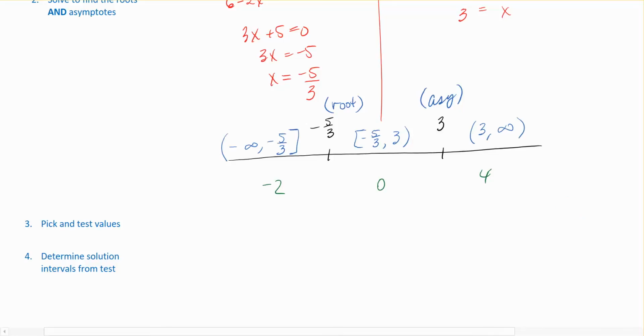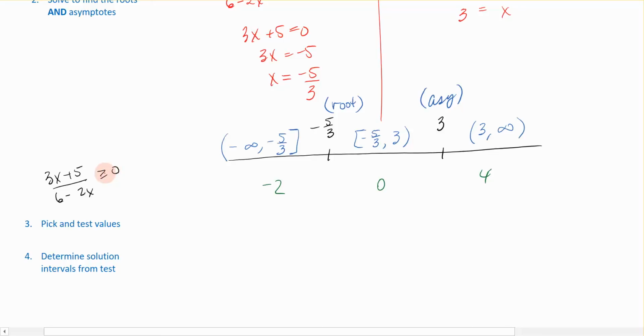I'm going to write my function here again so we can see it: 3x plus 5 over 6 minus 2x, and we're trying to find out where it's greater than or equal to 0. So I'm looking for values that would be positive.